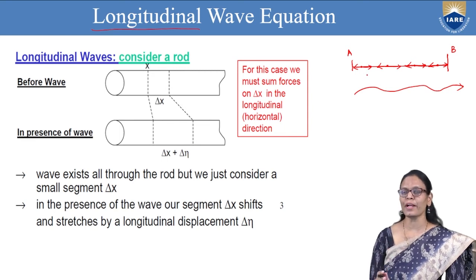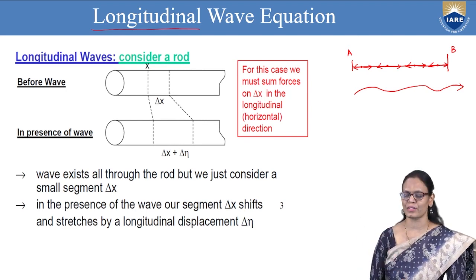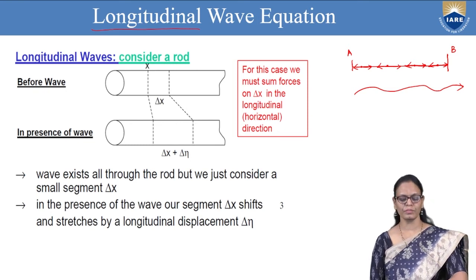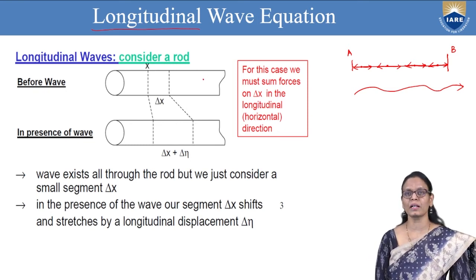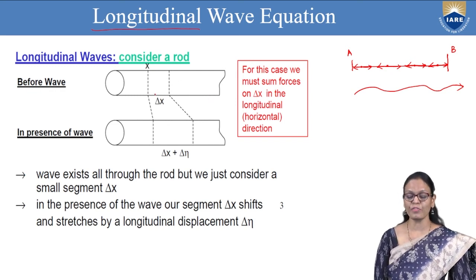But at any point of time, because of this movement, there may be some displacement in that cross section. That is what we are going to consider here. So now we are going to take a long uniform rod, meaning of uniform area of cross section. The cross section should be uniform throughout.